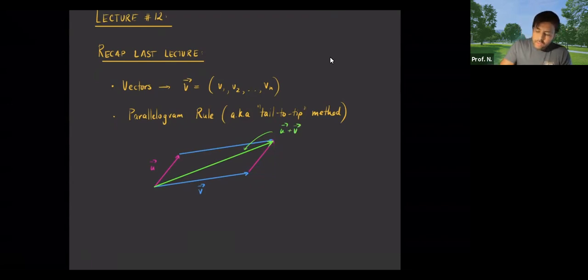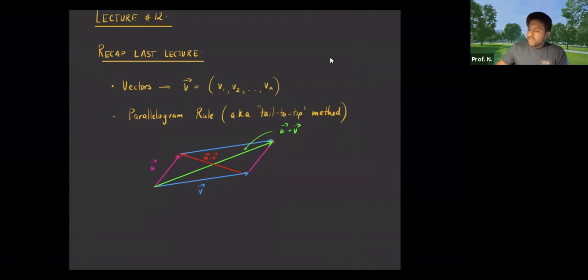And the other diagonal would be the difference. So if I have something like this, that would be u minus v. Okay, so we talked about adding and subtracting.